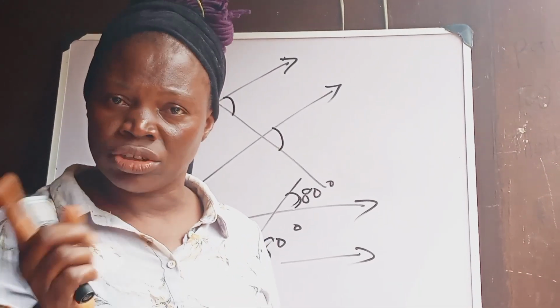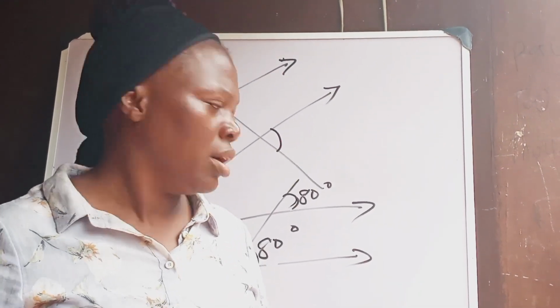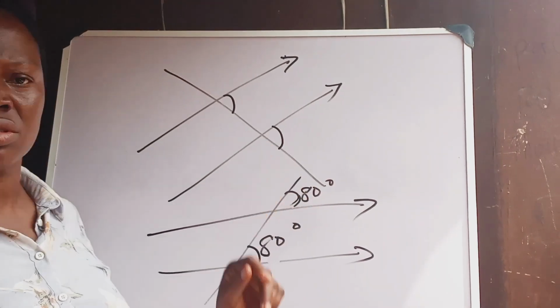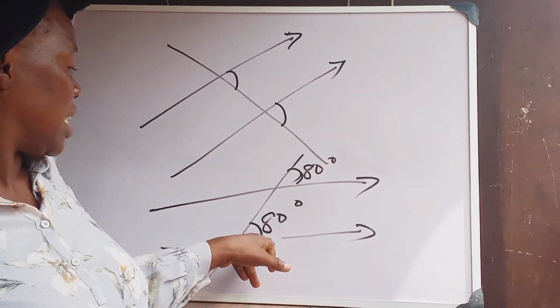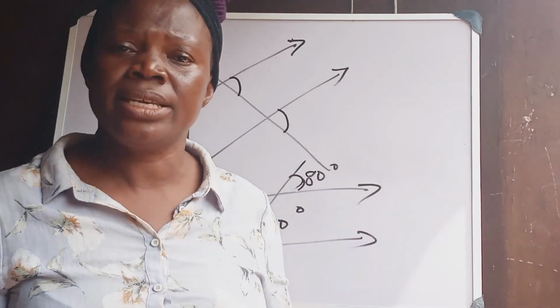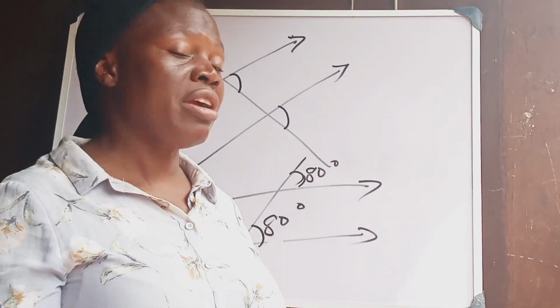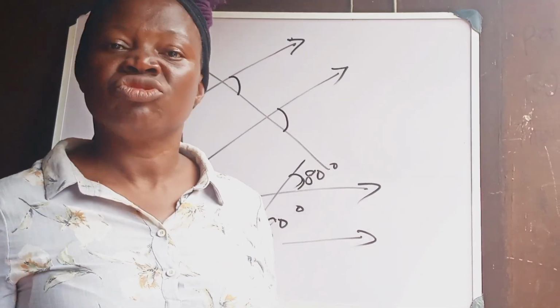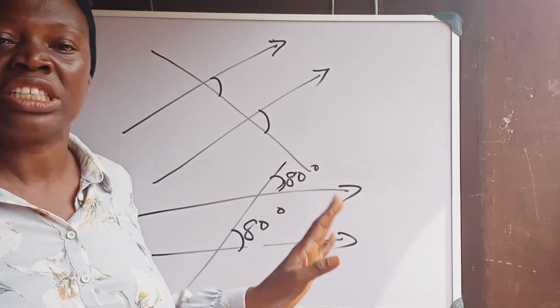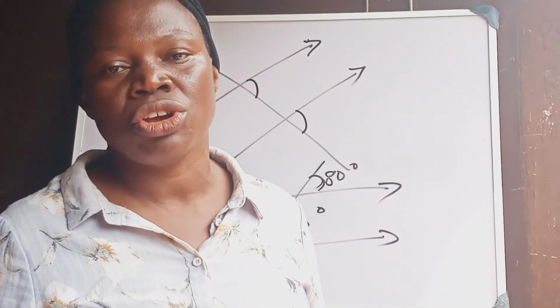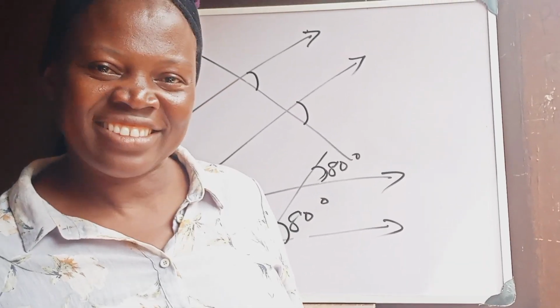You don't change anything. Rather, you just look at this one, and then immediately, automatically, this is 80 degrees. You don't remove anything, you don't add. They are the same. They are equal because they correspond to each other. Thank you.